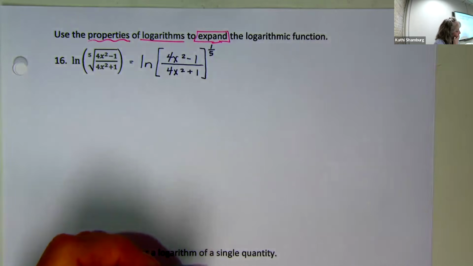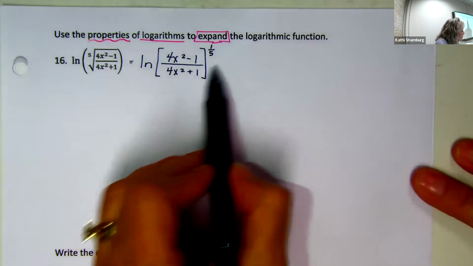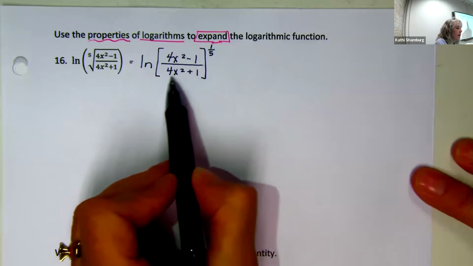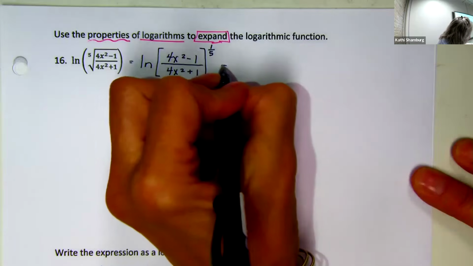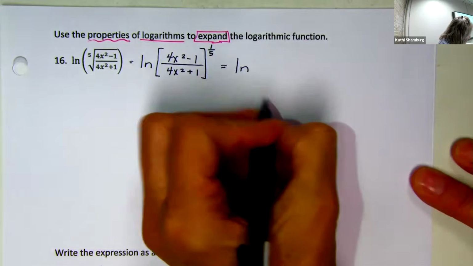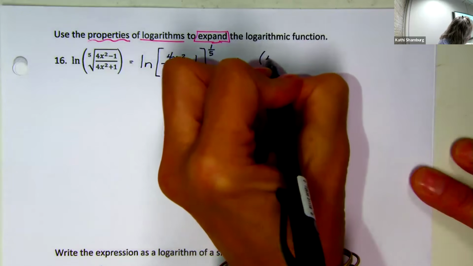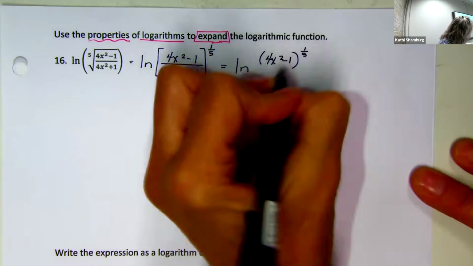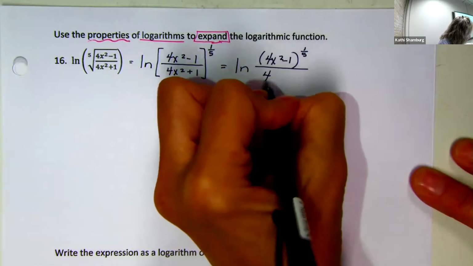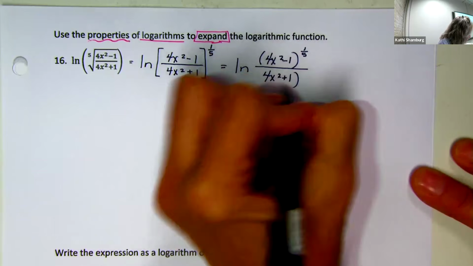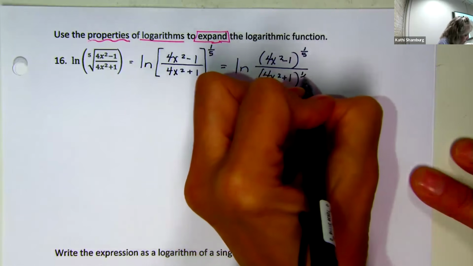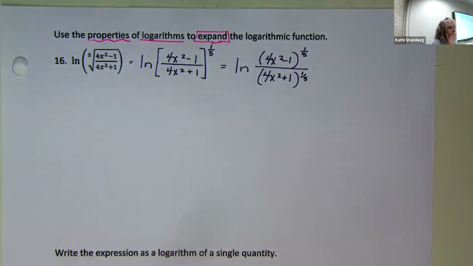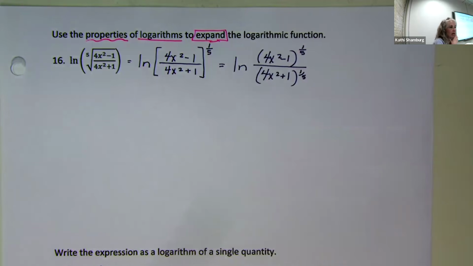Because both the numerator and denominator are inside the parentheses, we can write it as the natural log of 4x squared minus 1 to the 1/5 over 4x squared plus 1 to the 1/5. That's just a log property.